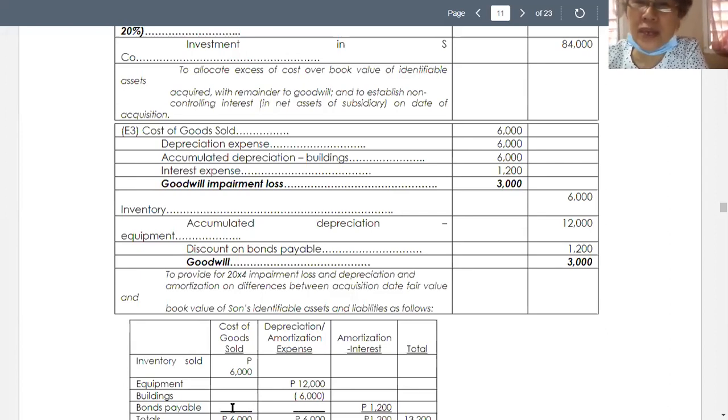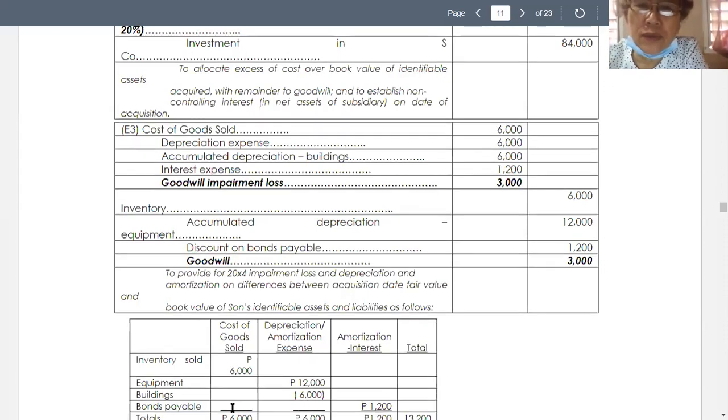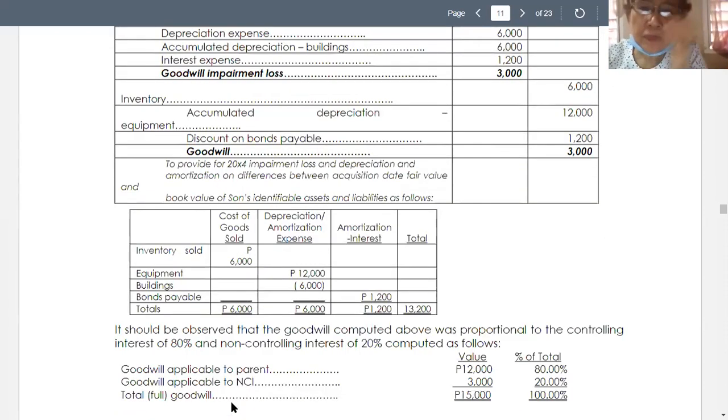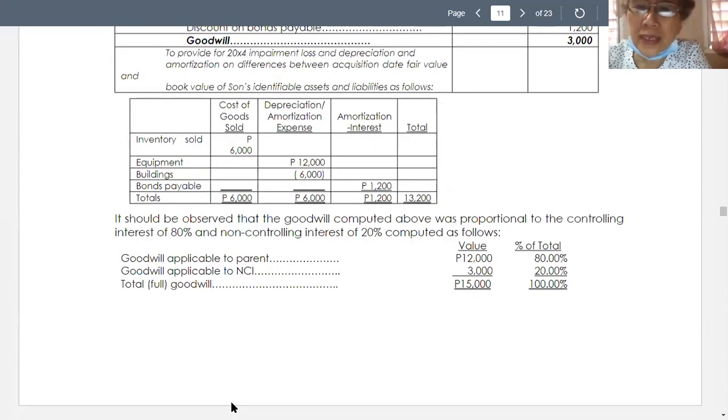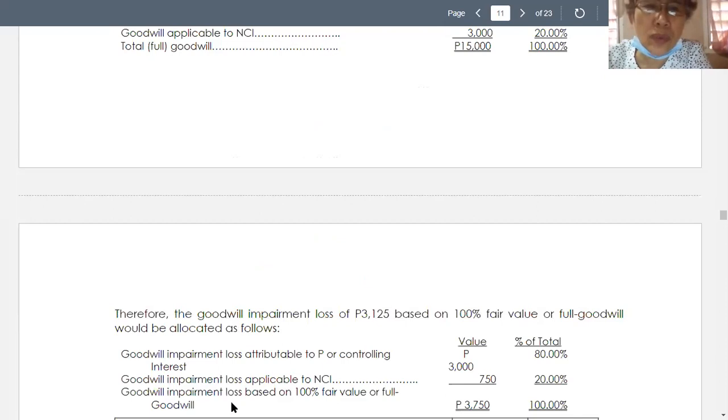That's why we are crediting goodwill for 3,000. That is an impairment loss. So the rest of these figures, you can already see in requirement 1B. And we have the analysis of the goodwill.